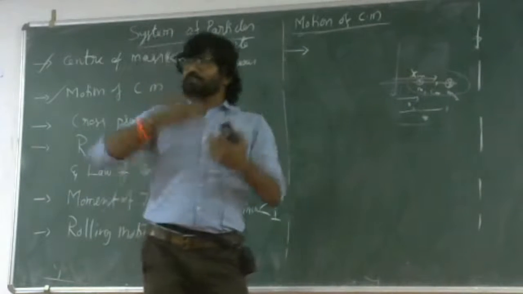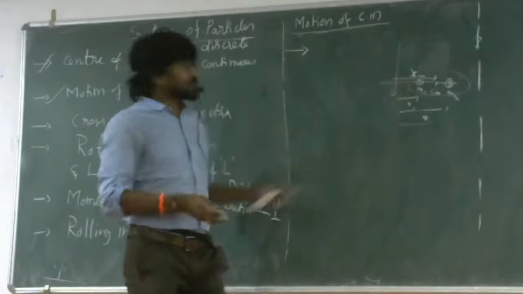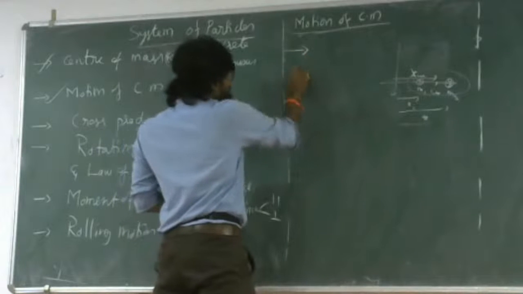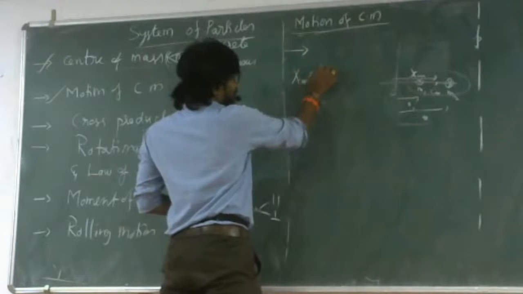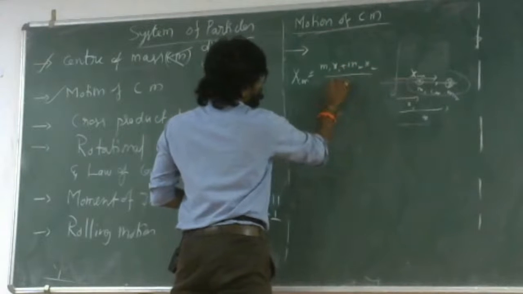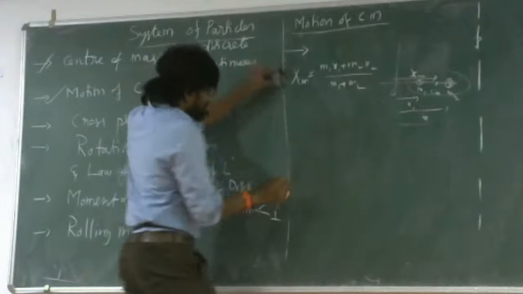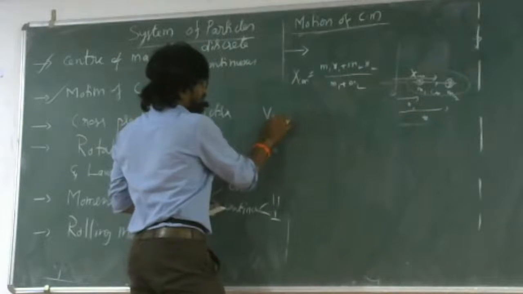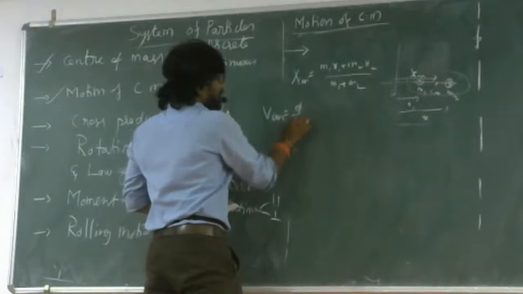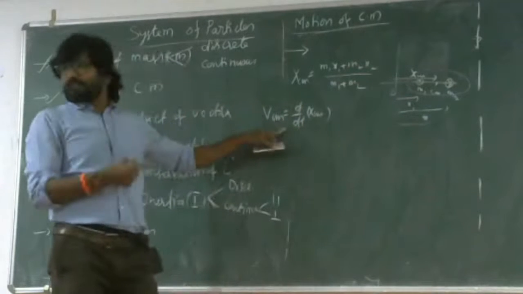The change in position of the center of mass with time gives its velocity. The position of the center of mass is given as (m1 x1 plus m2 x2) by (m1 plus m2). The velocity of the center of mass is d by dt of xcm, the rate of change of position of the center of mass.